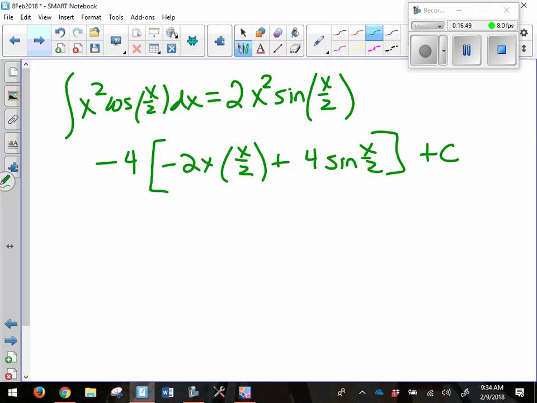Oh, wait a minute, except of course that there should be, what, a cosine there? I do want you to multiply everything out in case there's something we can combine.